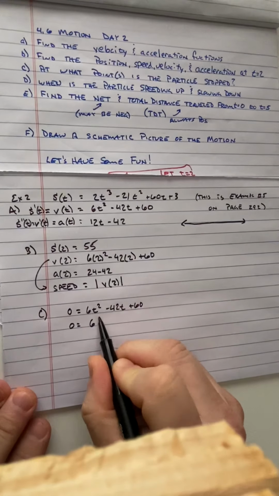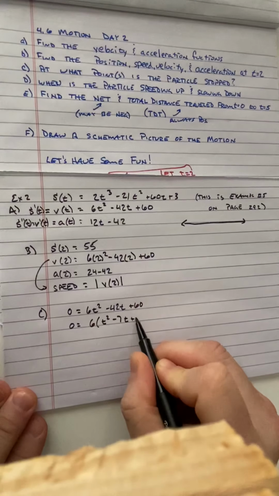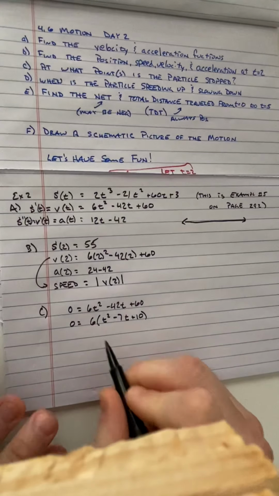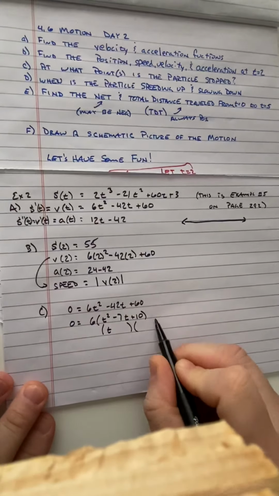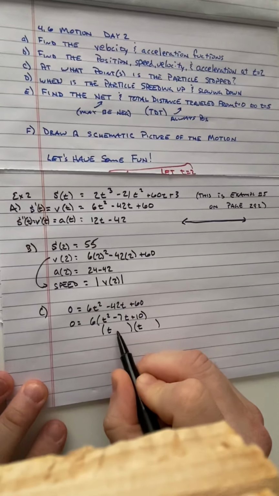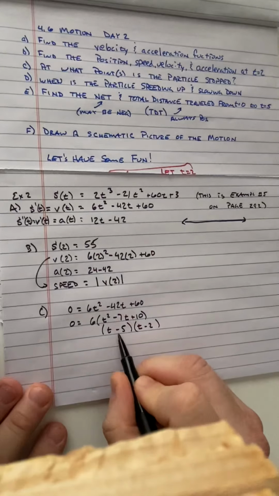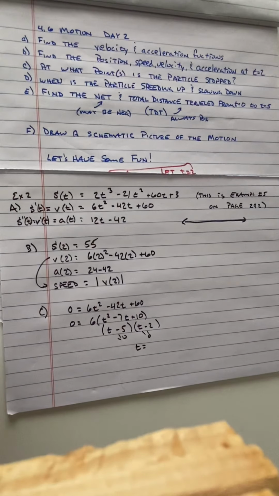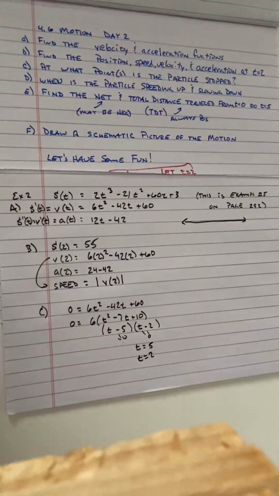Factor out a 6. What times what's 10, but added together is -7? So it looks like this particle is stopped when t equals 5 and t equals 2. Coincidence.